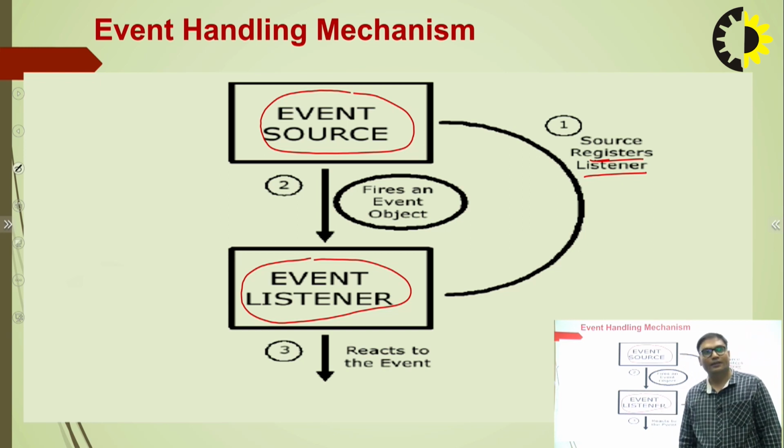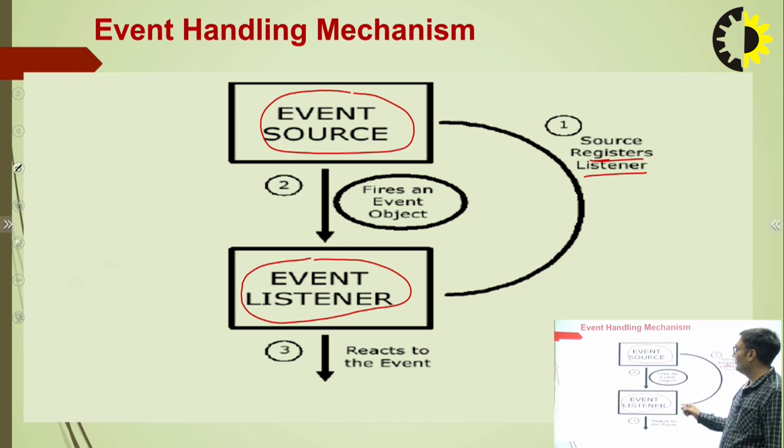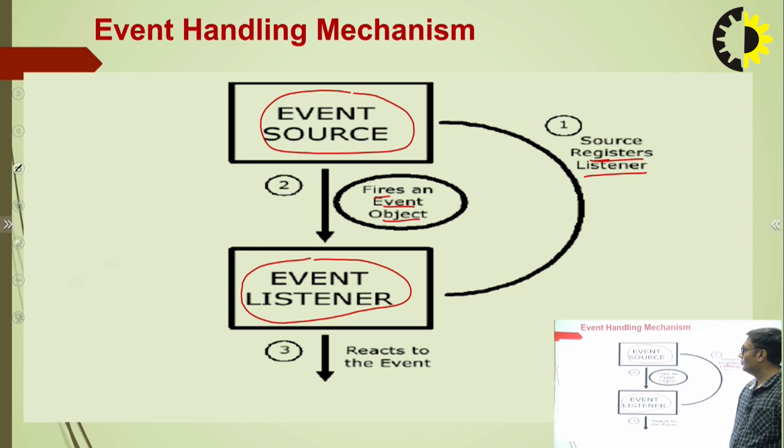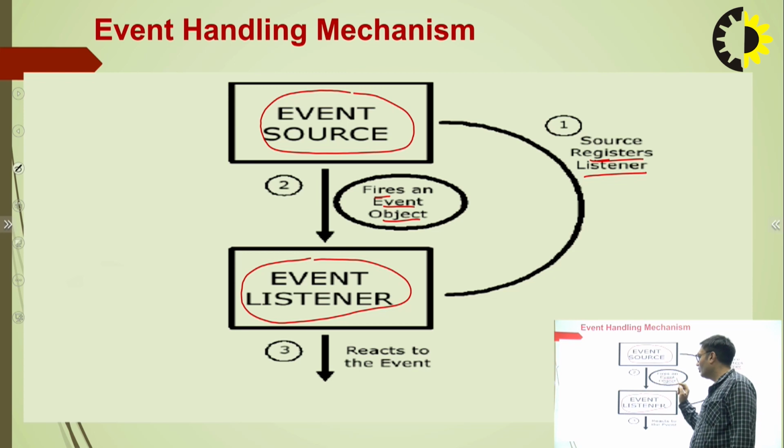Then when an event occurs, at that time this event source will fire an event object. So this source will fire an event object, and this object will be sent from the event source to the event listener class.